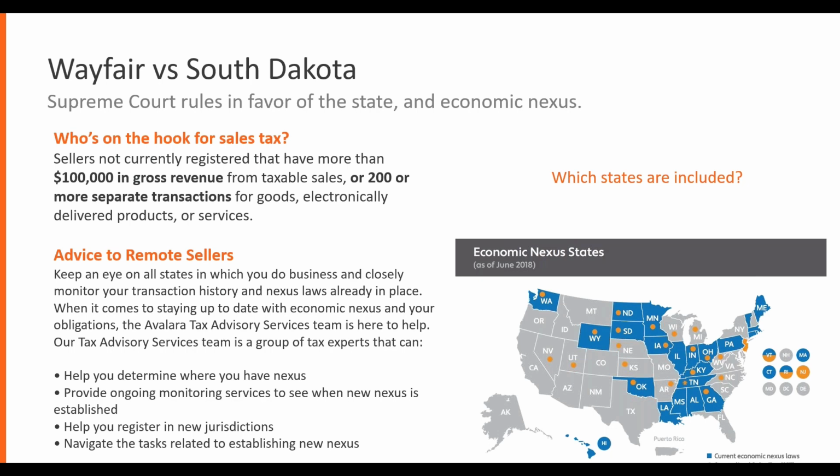So we had just talked about physical presence nexus. Everything changed recently, and these laws are also changing rapidly, day after day, week to week, and month to month. South Dakota essentially challenged and went to the Supreme Court for a ruling, stating that the way people buy and sell products now is drastically different than 20 years ago.